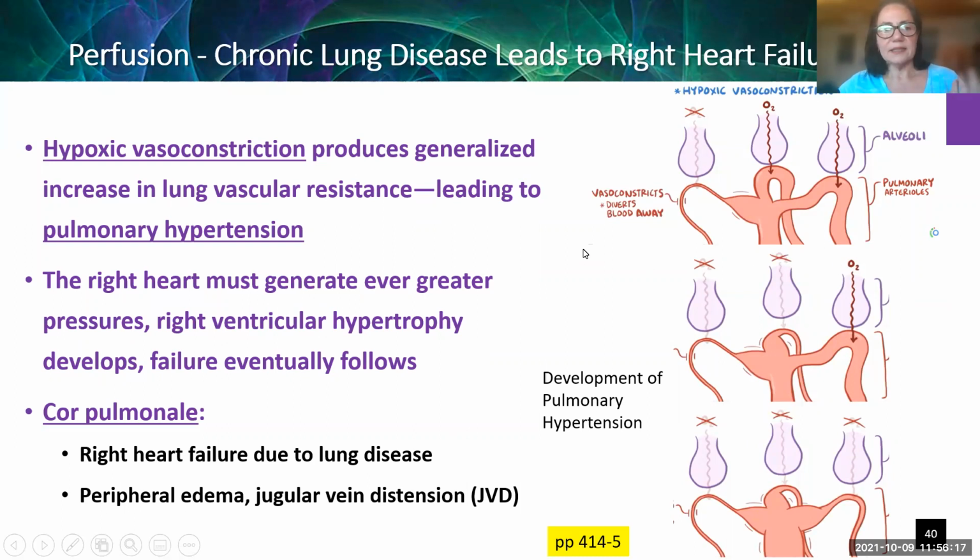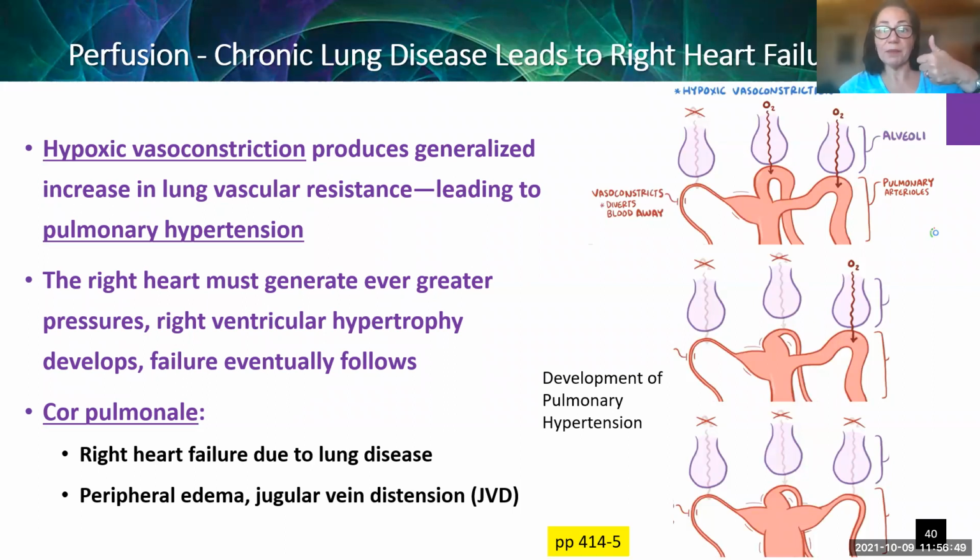And as the pulmonary disease progresses, we have more and more areas where the alveoli don't have good oxygenation. And so we end up with this hypoxic vasoconstriction in more and more of the arterioles. And ultimately, as you can imagine, when the person's overall lung fields are affected, we've got hypoxic vasoconstriction happening all over the lungs.